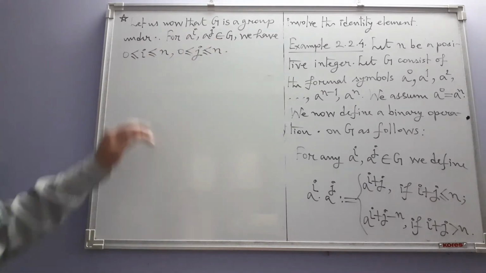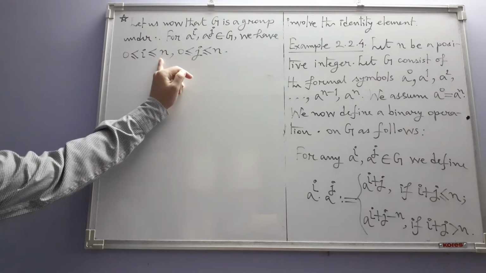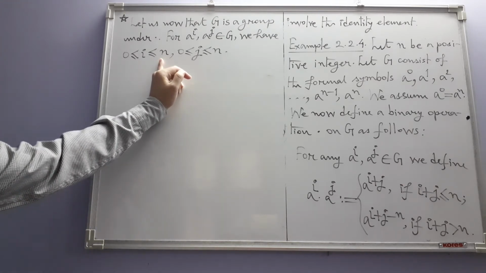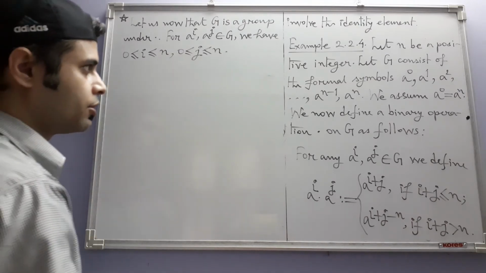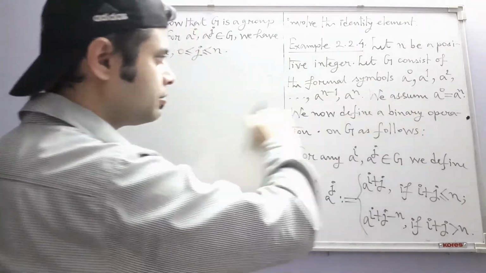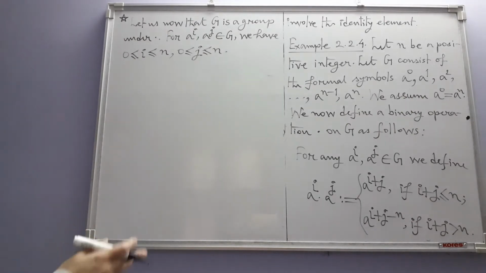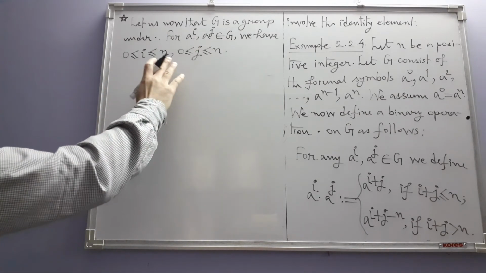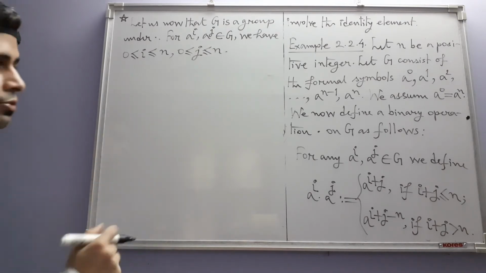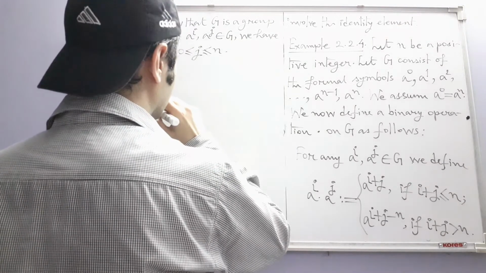The exponents must lie between 0 and n, and also they are integers, that is understood, because that is the range of variation of i and j. They can be any integer between 0 and n inclusive.